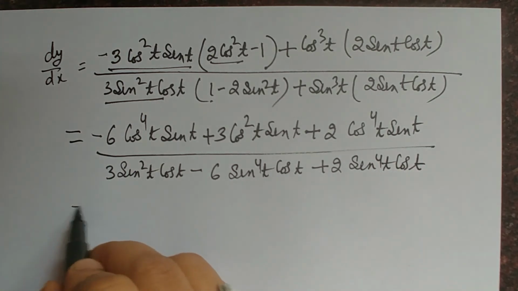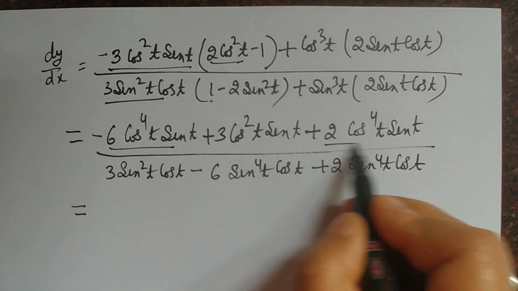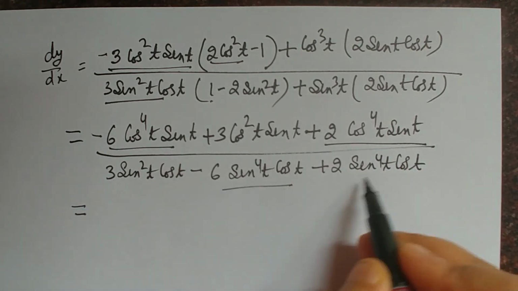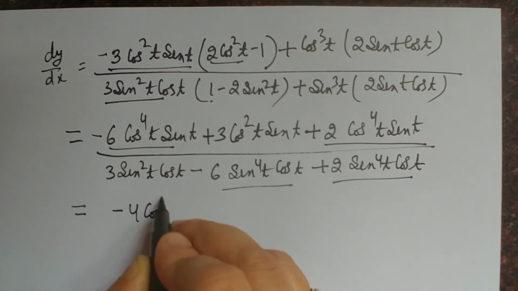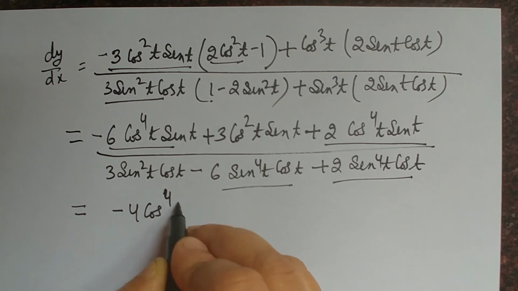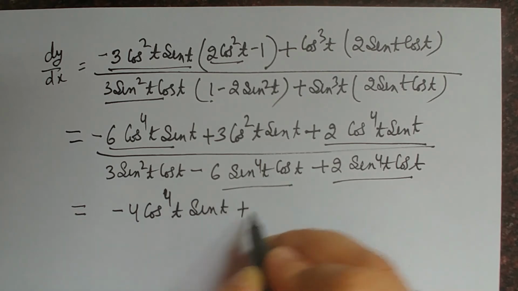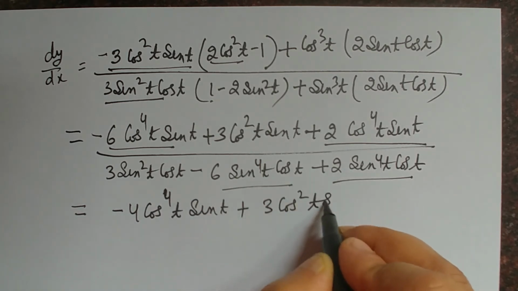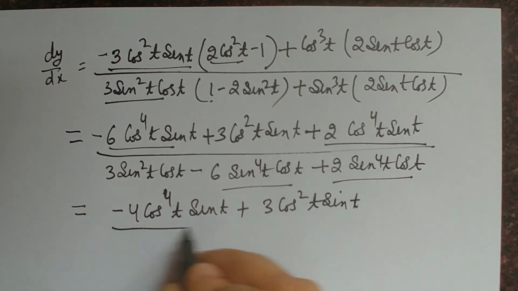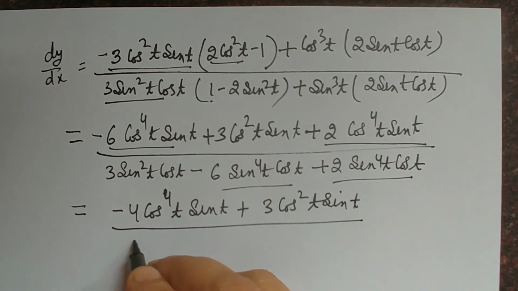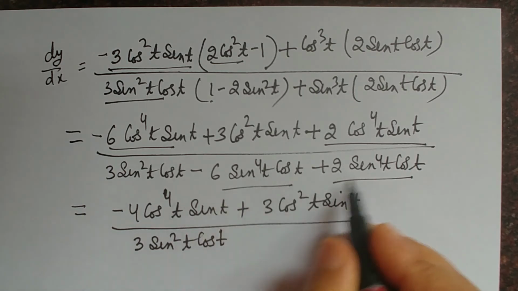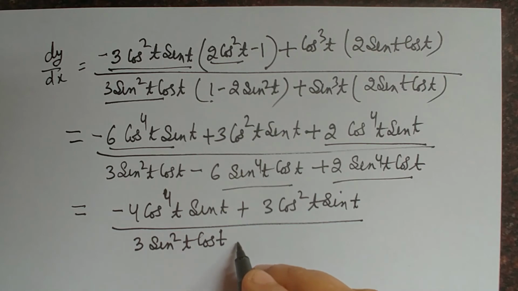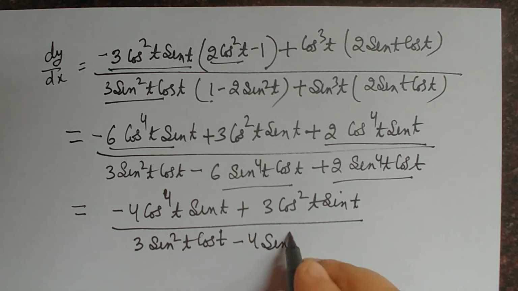Now from here, see, this and this can be adjusted, and this can be adjusted. So I get it as minus 4 cos 4t sin t plus 3 cos square t sin t divided by 3 sin square t cos t, and it is minus 6 plus 2, which is minus 4 sin 4t cos t.